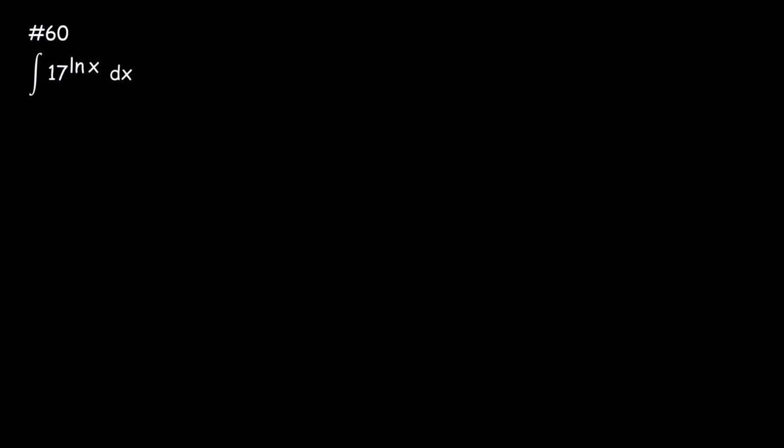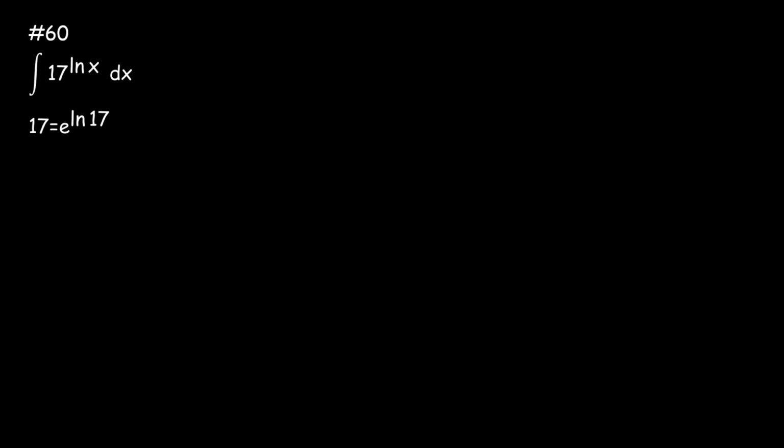We have 17 to the power natural log of x. Okay, there are different ways in which we can write 17, which I'm going to show you. So we can let 17 be equal to e to the power ln 17. Keep in mind, we're always trying to get rid of the natural log, so we need to use e.